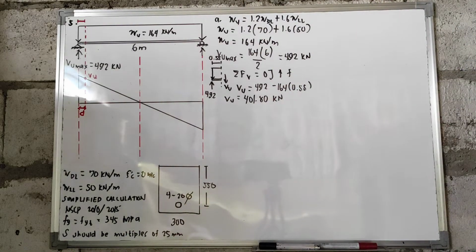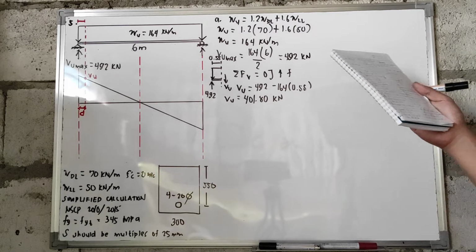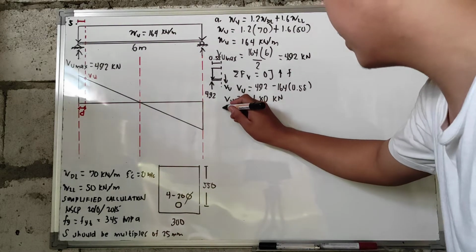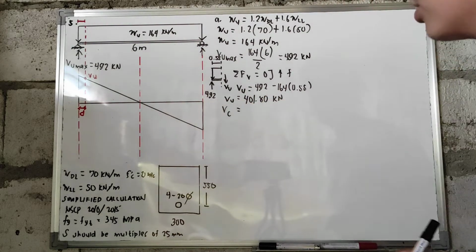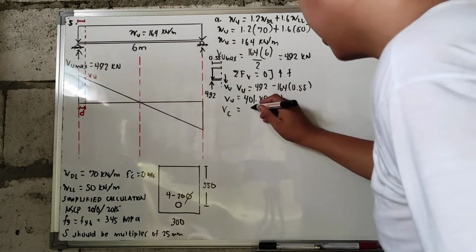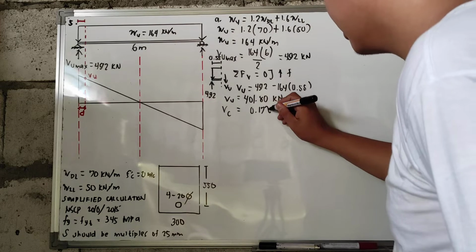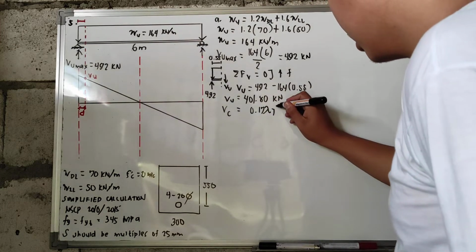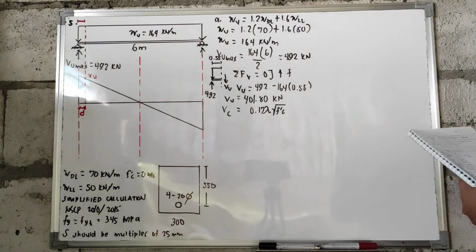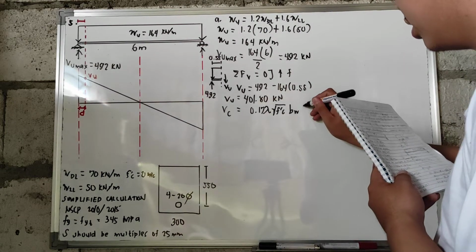So, since meron na tayong Vu, kunin ngayon natin yung value ng Vc natin. So, for this one, since simplified lang yung calculation, that is equivalent to 0.17 square root of f'c bw d.